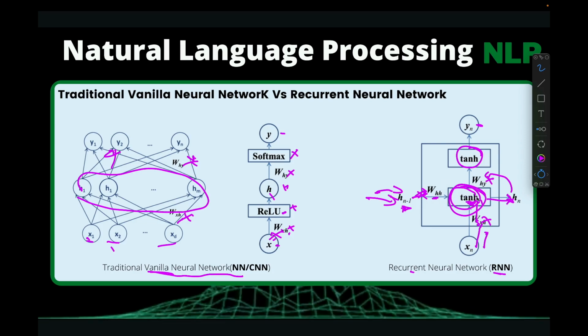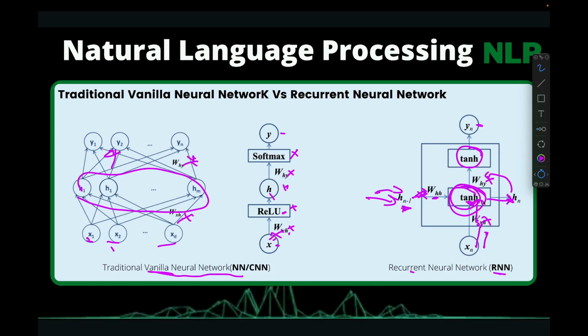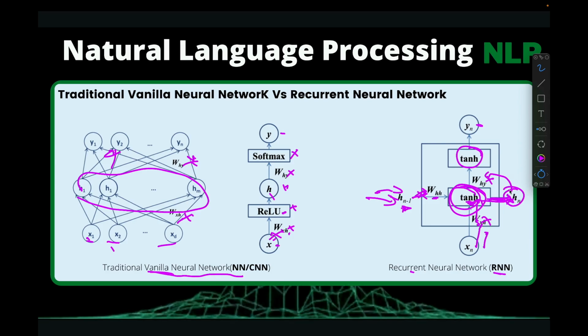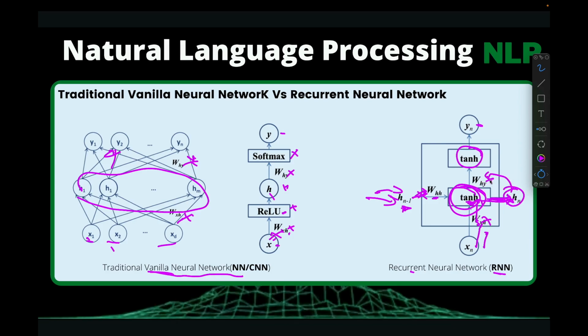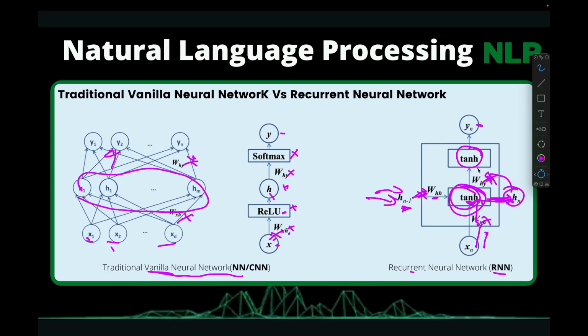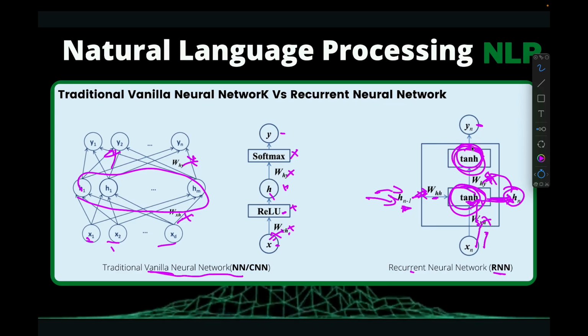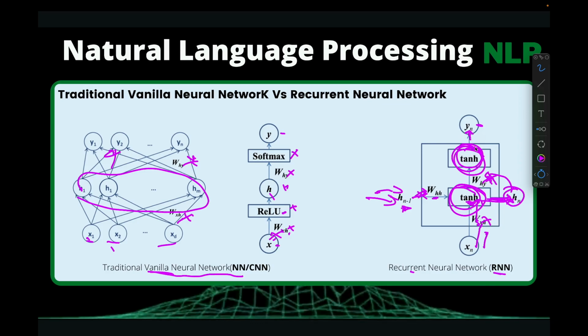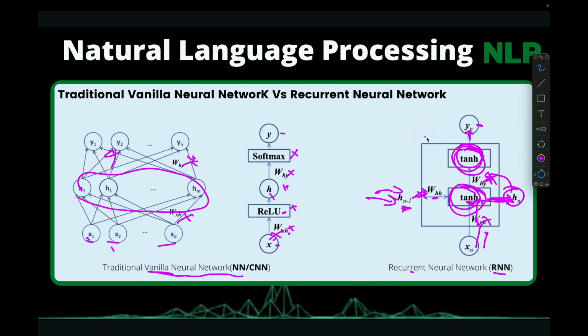You apply the non-linearity on that, and you get the current hidden state. That current hidden state can be multiplied with another weight over here, and then you apply another non-linearity on it and get your final output. That's what happens in a recurrent neural network.